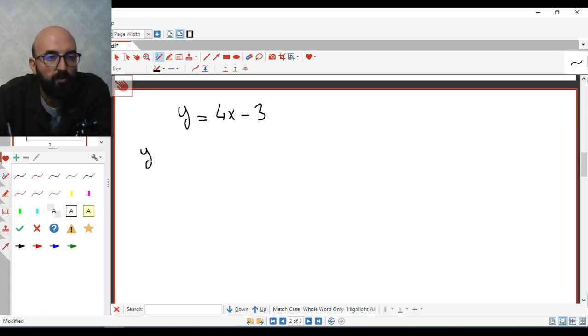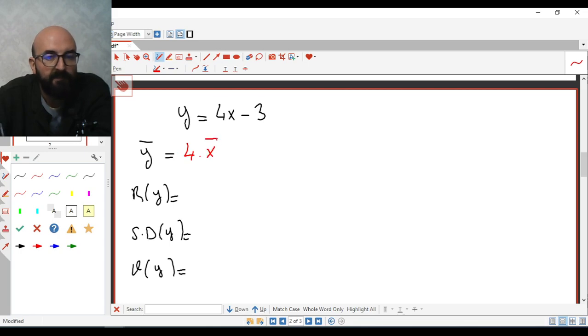And if you want to write the mean of y, the range of y, the standard deviation of y, and the variance of y, the mean of y means 4 multiply the mean of x minus 3, and for the range, we can write 4x minus 3 instead of y, and again 4x minus 3.